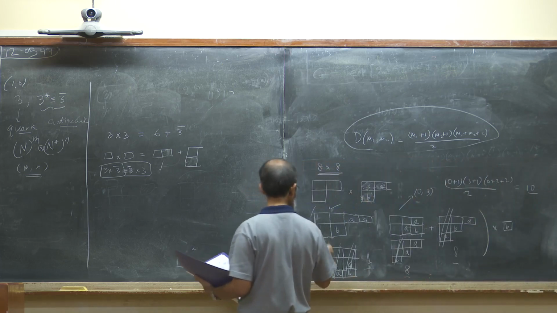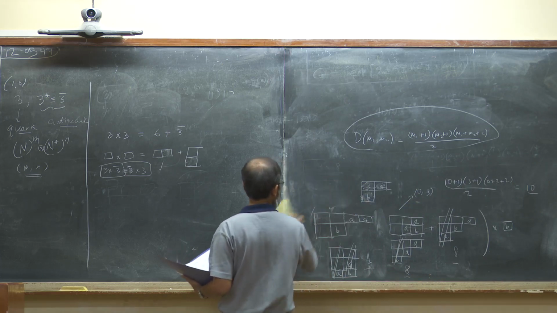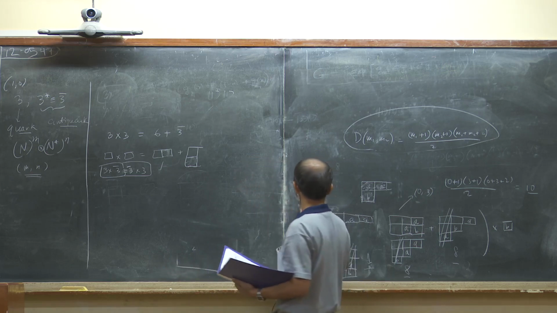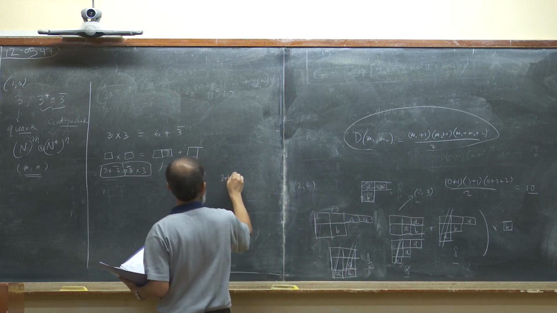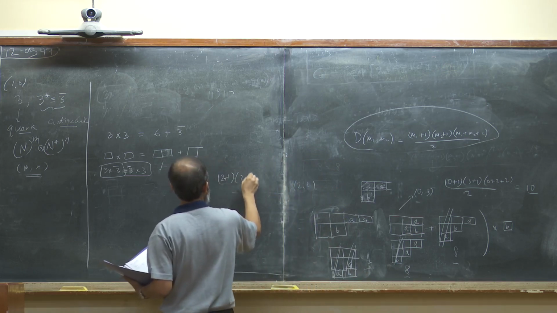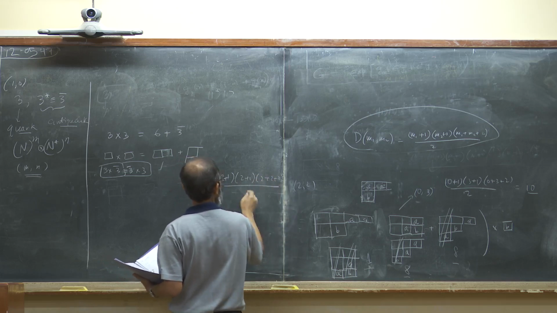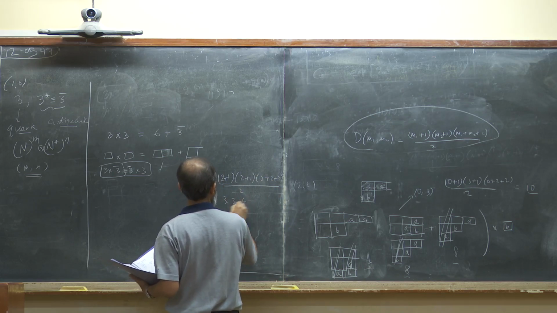Ah, yeah, it is. Let's work it out. So what is this again? So this is 2 comma 2, right? 2 comma 2. So 2 plus 1, 2 plus 1, 2 plus 2 plus 2 divided by 2. So 3, 3, 6, 2.